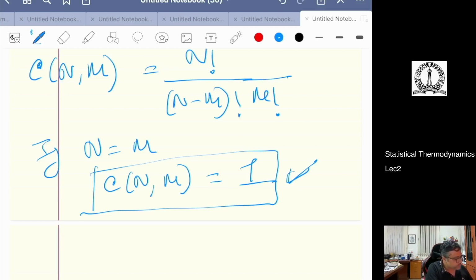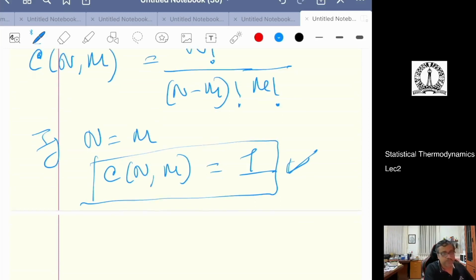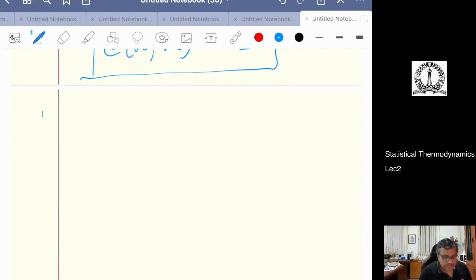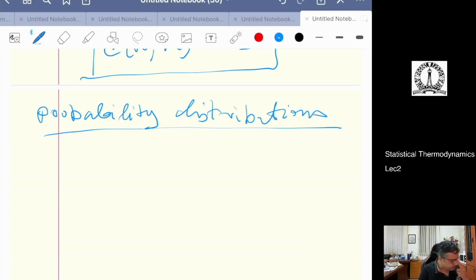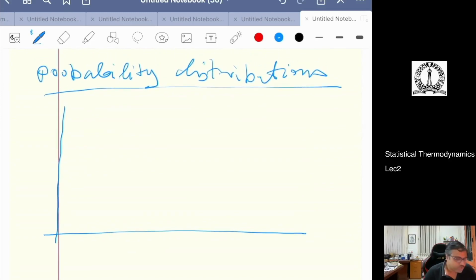So now let's take a step back and look at some other things, which are called probability distributions. The rest of the things you can self-study from the book. So probability distributions is like, if you have this kind of a chart, for example, the test scores in a particular exam.